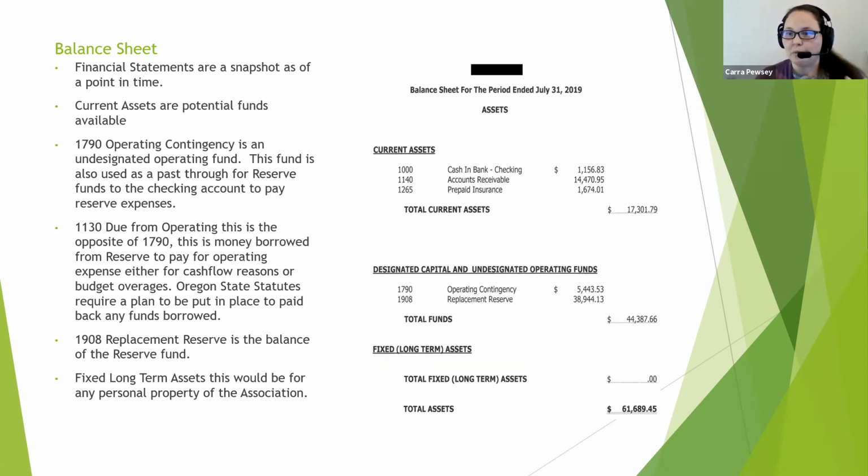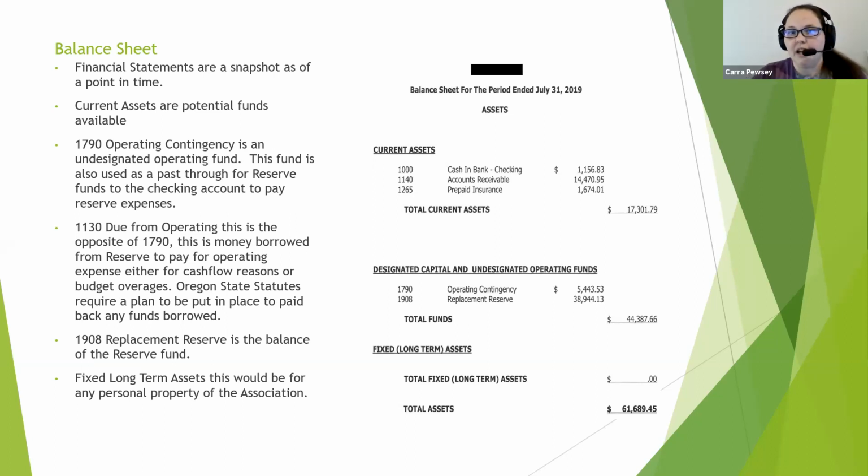These are very typical ones that you'll see. There are other account codes in current assets that you might see, and if you have questions about those, I'm happy to answer them, or so is your manager. With prepaid insurance, most policies require a deposit up front. Typically you pay anywhere from 40 to 60% up front, and some policies require 100% up front.